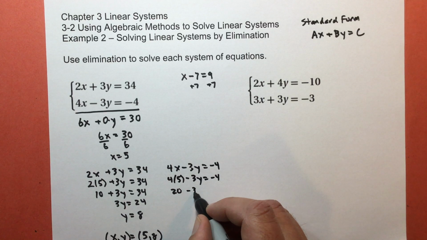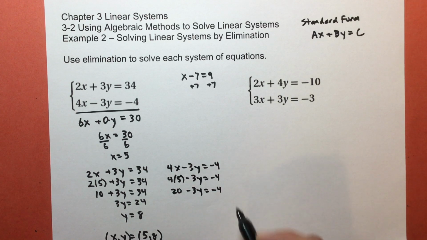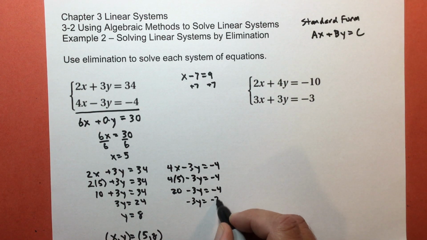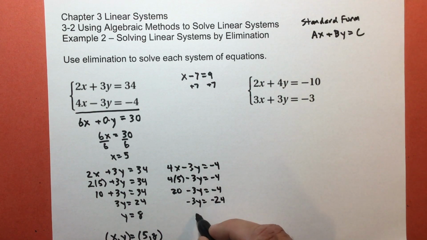Do the multiplying. Now I'm going to subtract 20 from both sides. I get negative 3y equals negative 24, and divide by negative 3, I get y equals 8. Again, since I got y equals 8 here and y equals 8 here, I know I've got the correct answer. So that serves as my check, just plugging it into the other equation.